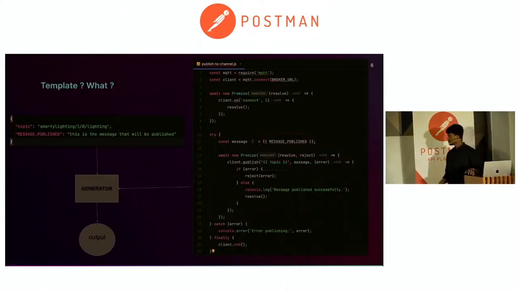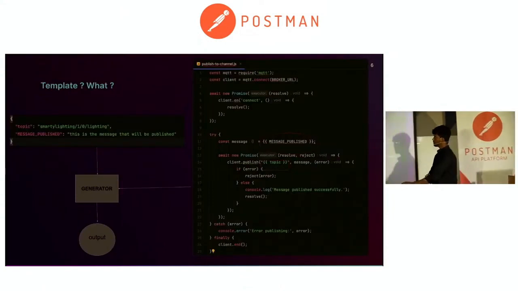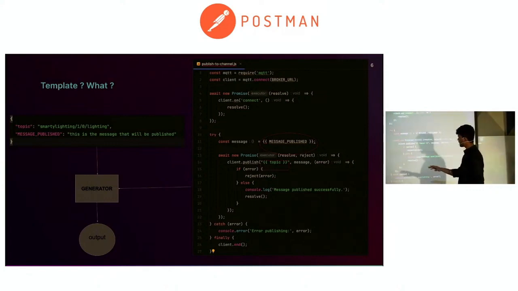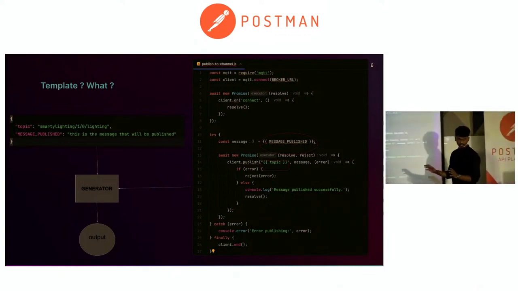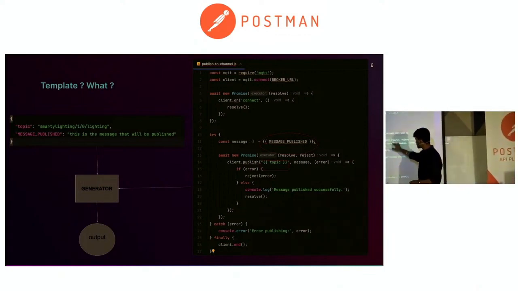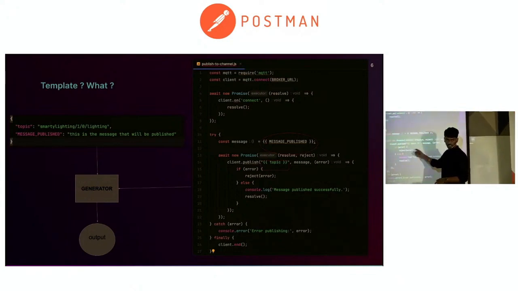So what actually is a template? Irrespective of AsyncAPI, I'll just say what a template is. Let's say this is our actual template. It has a couple of placeholders in between the file. The entirety of the file is going to be constant, but whatever placeholders are there, they are the variable parts.